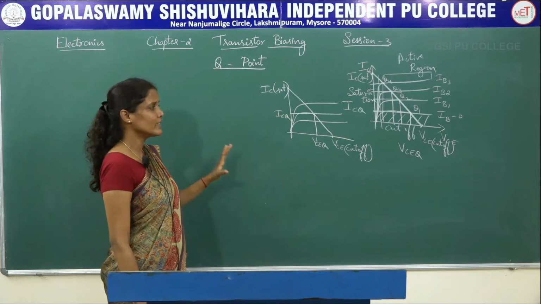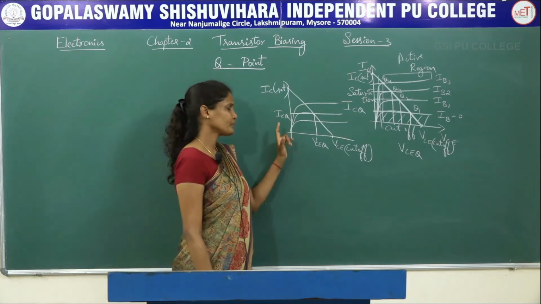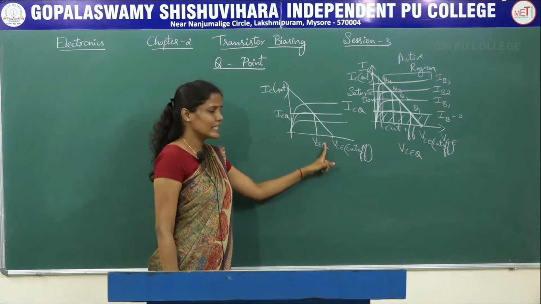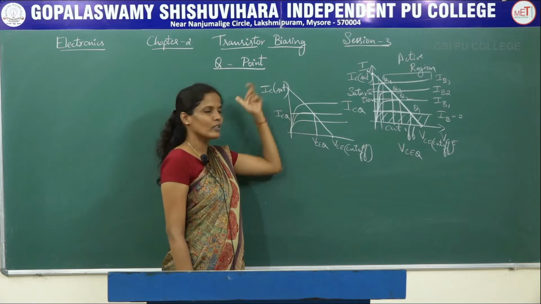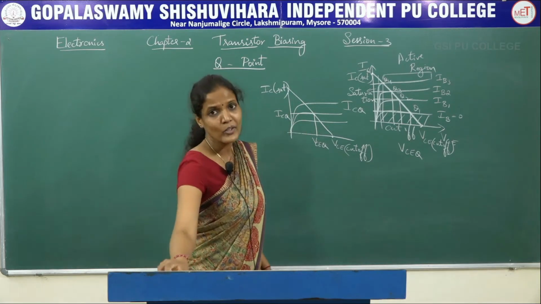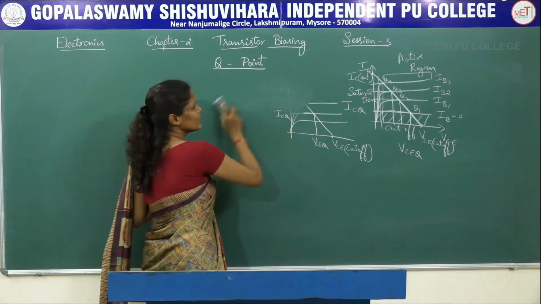So this is all about the Q point or the operating point. The intersection of the DC load line with the output characteristics of a transistor gives a point called the Q point.